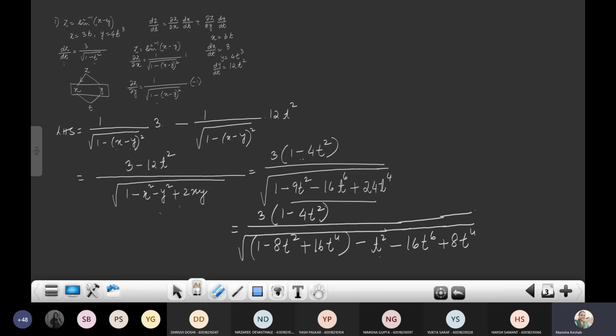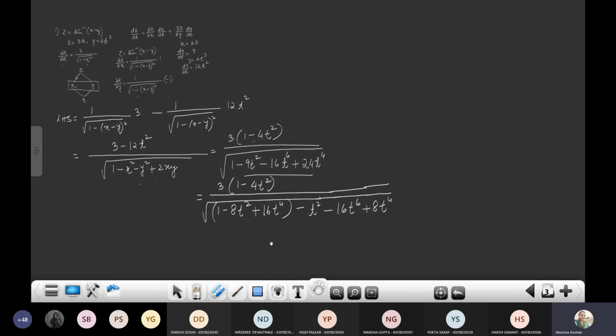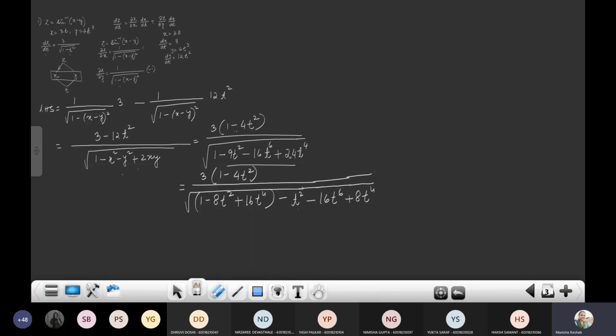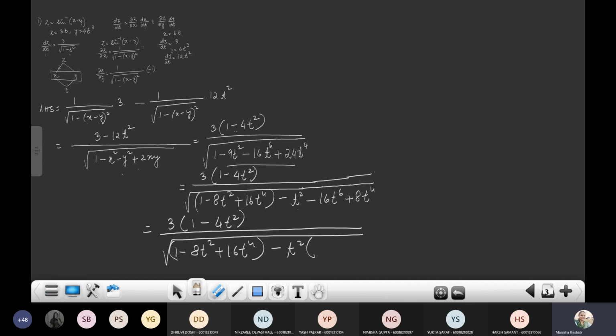Now again from here we can take t square common. So we'll get 3 into 1 minus 4t square divided by root of 1 minus 8t square plus 16t power 4 minus t square common. So 1 minus from here 8t square, from here plus 16t power 4.